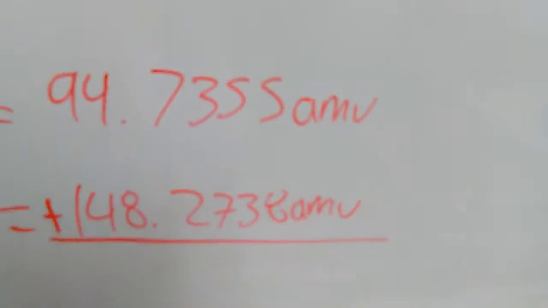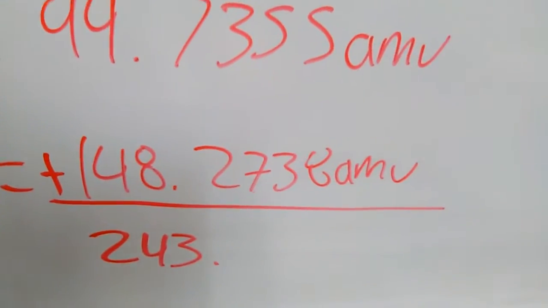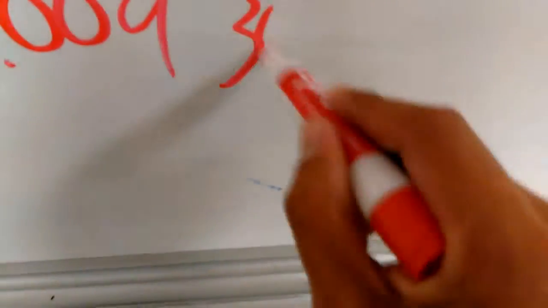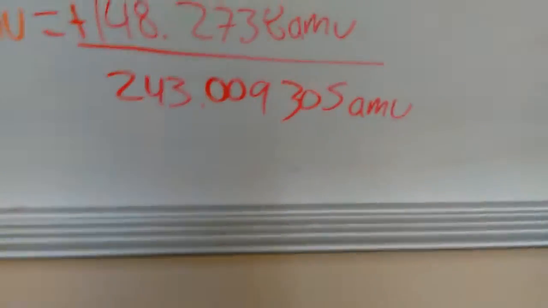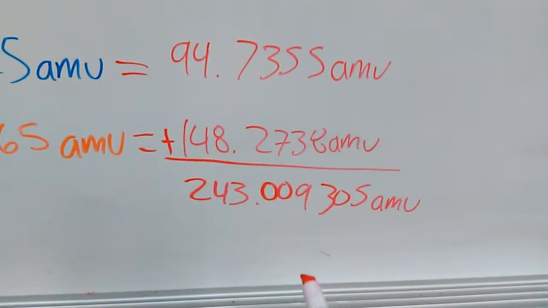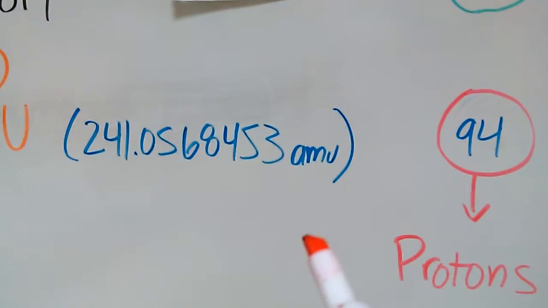When you add them, you should get 243.0009305 atomic mass units. From there, we're going to subtract from our original atomic mass units here.